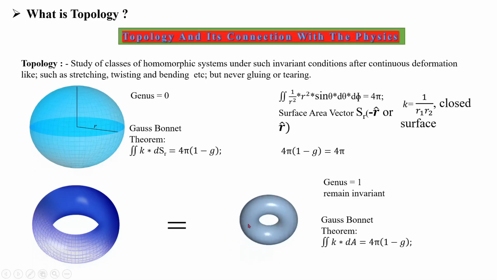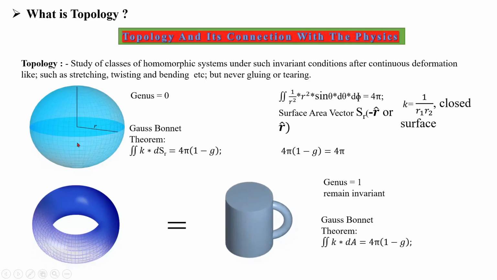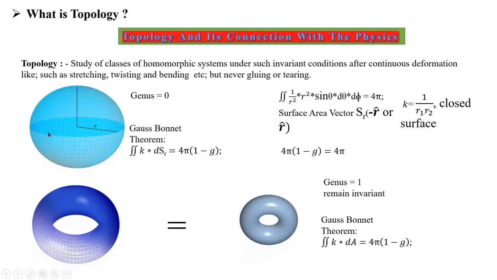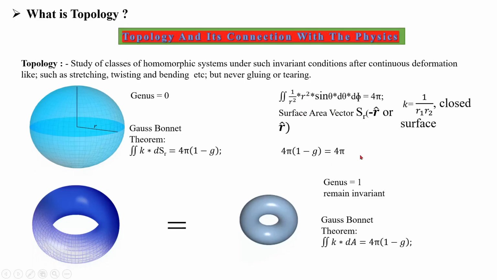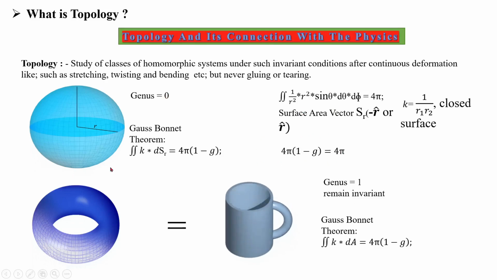This is the second example, which states that the sphere has no genus, and calculating by the Gauss-Bonnet theorem and the surface area by the integral method, the surface area is equal to 4 pi. Because there is no genus here, it is equal to 0, so the Gauss-Bonnet theorem is also invariant in the sphere.